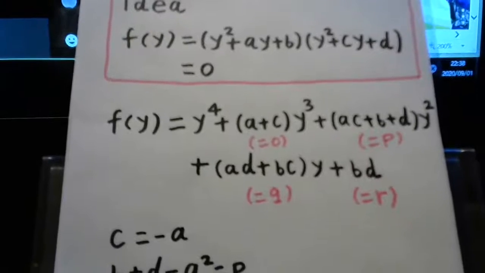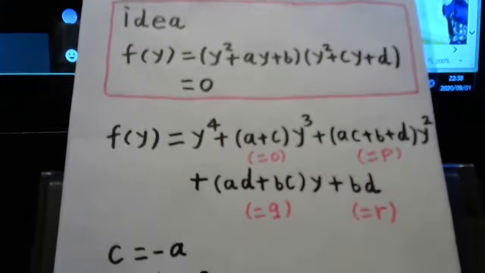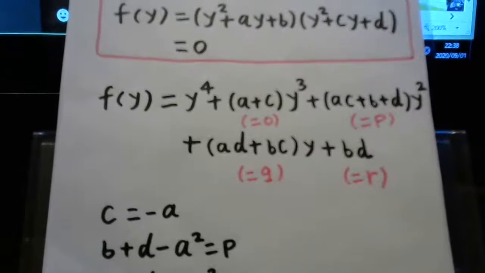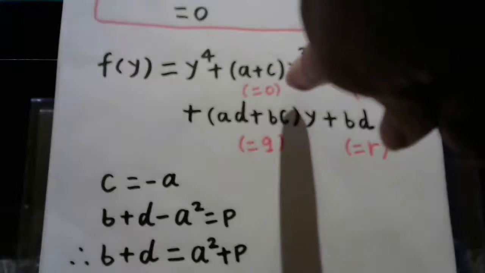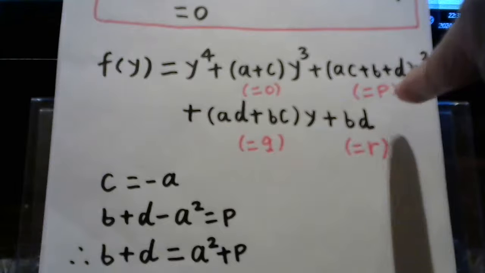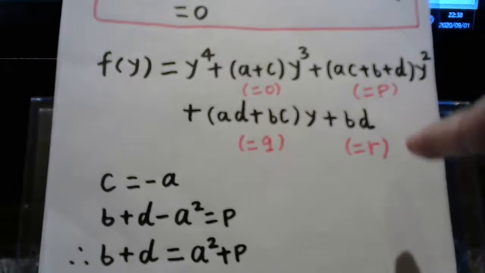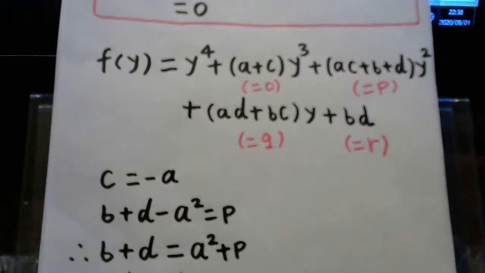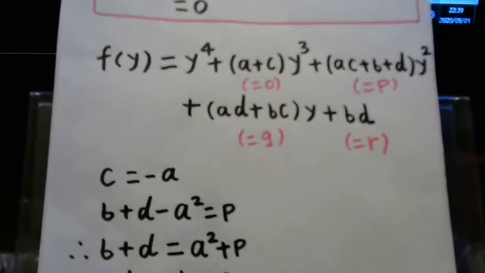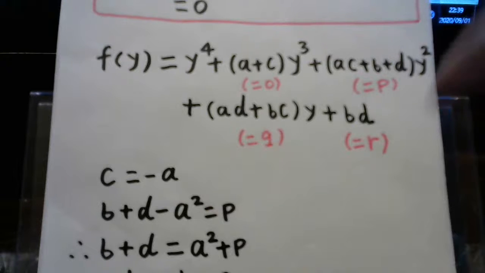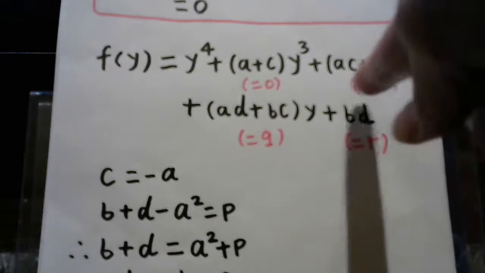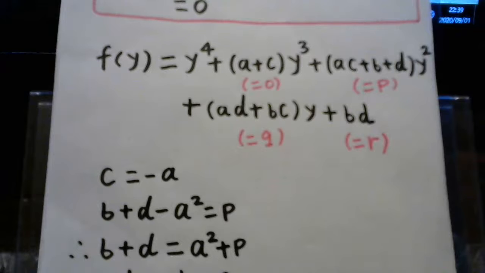Let's make the expansion. It goes as such. This is equal to 0, and this is equal to p and q r. From this equality, we have c is equal to negative a, and we plug it into this stuff.